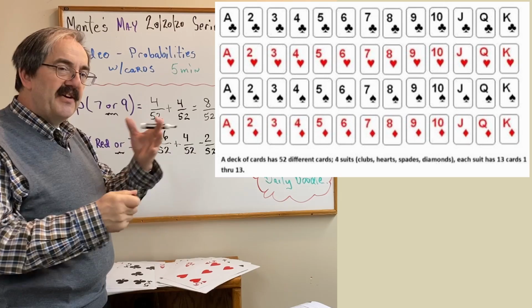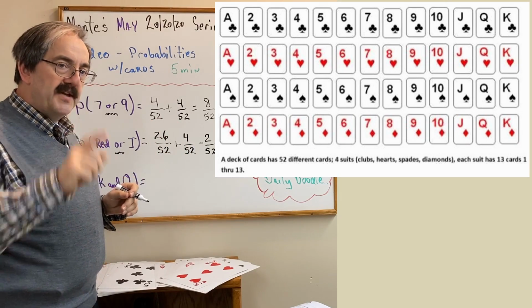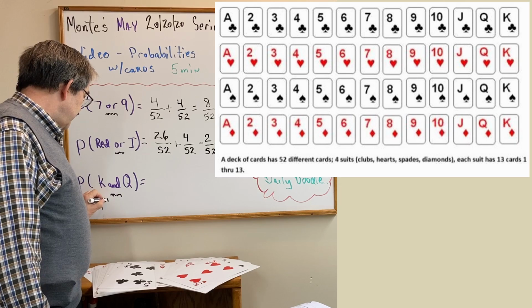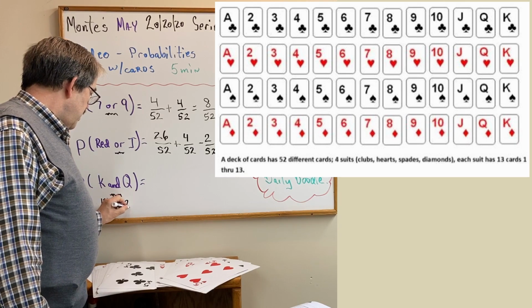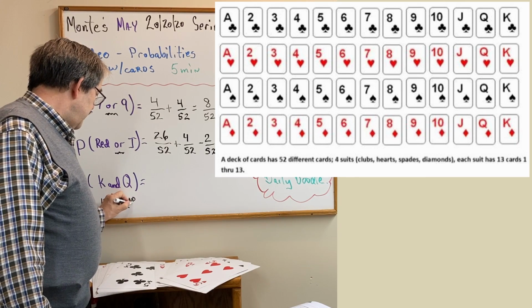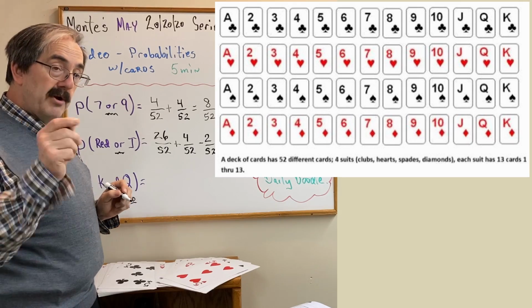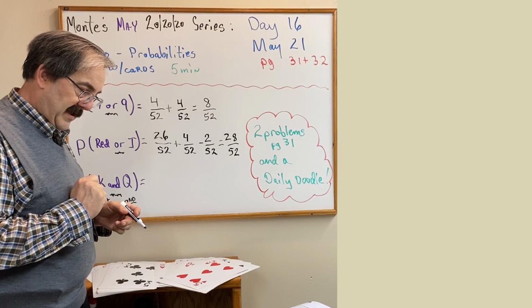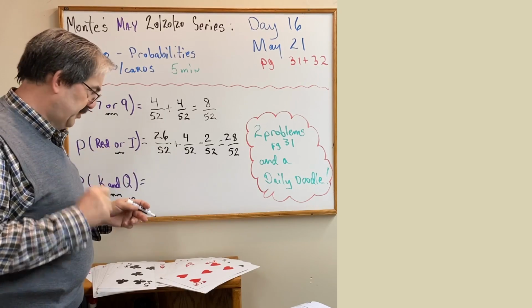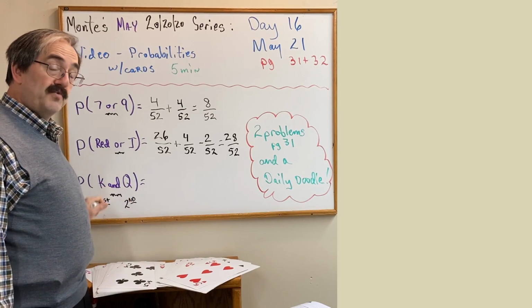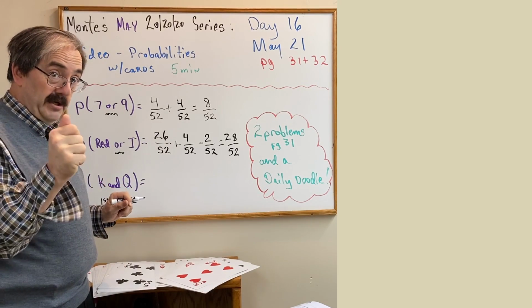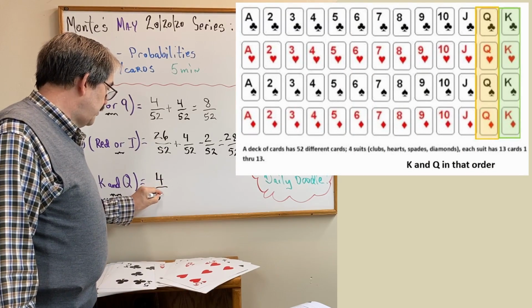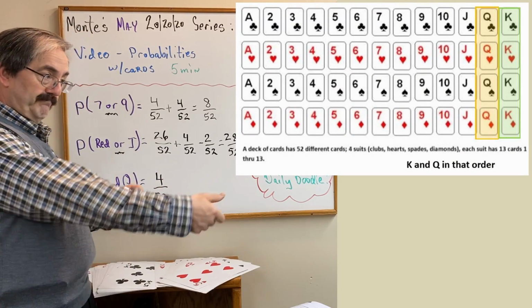Is this one of those given type problems? This is how I'm going to do it. King first, queen second. I'm going to write it, so I drew the king first. Okay? King first. If I do it this way with that intention, then it's 4 of 52 because there's 4 kings.